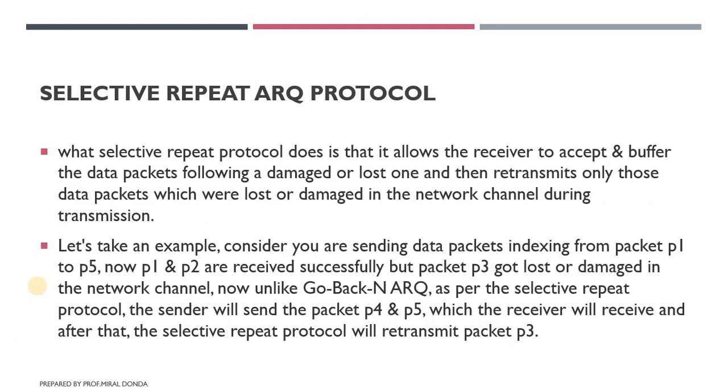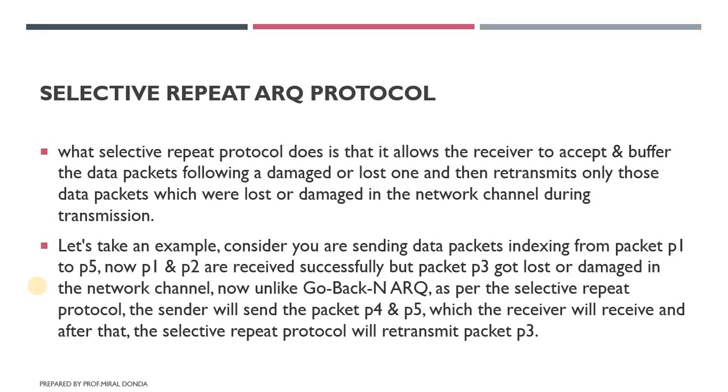What the selective repeat protocol does is allow the receiver to accept and buffer the data packets following a damaged or lost one, and then retransmit only those data packets which were lost or damaged in the network channel during transmission.